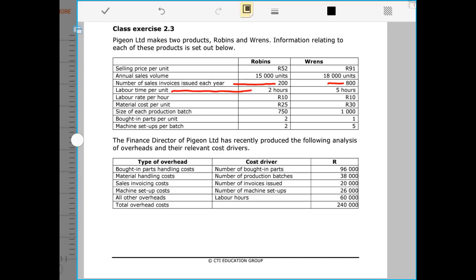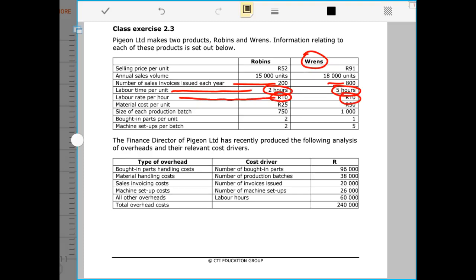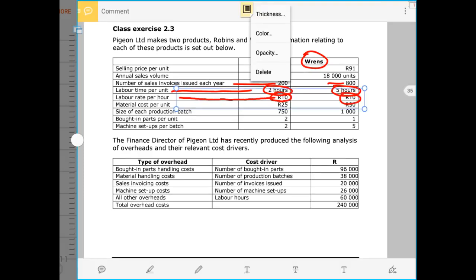That means it takes 2 hours to complete 1 unit of Robbins, and it takes 5 hours of labor to complete a Wrens product. Then we also have the labor rate per hour, which is 10 Rand. That means direct employees are paid 10 Rand for both products.